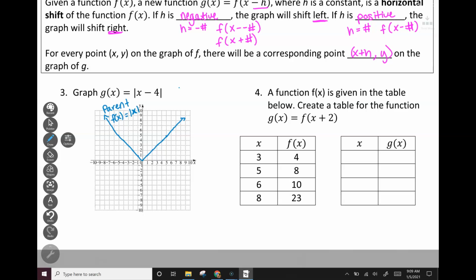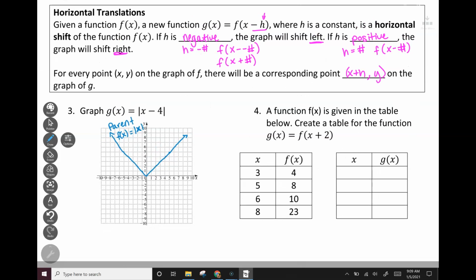So now this one, I've got x minus 4. Well, the original notation of this is x minus h. So what is h? h is just the 4. h equals 4. And I know if h is positive, then I'm moving to the right. I can actually say x, y goes to x plus 4, y.